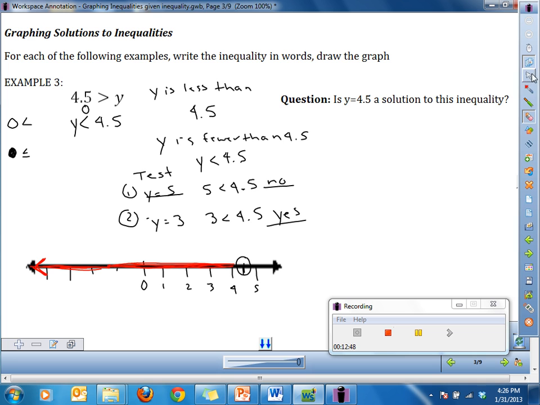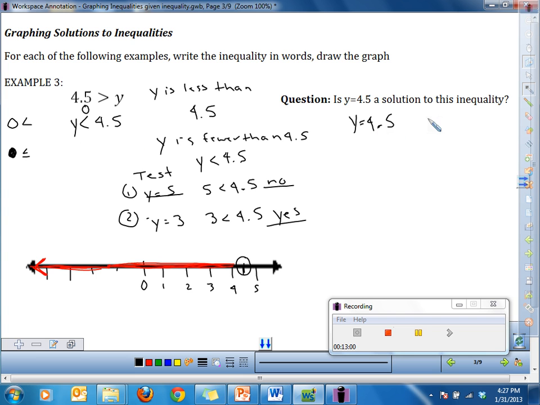All right. Now let's see if we can answer this question. It's asking us, is 4.5 a solution? So if y equals 4.5, is it a solution to our inequality y is less than 4.5? Well, let's see. Is 4.5 less than 4.5?